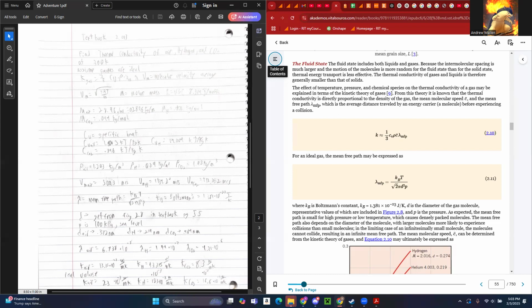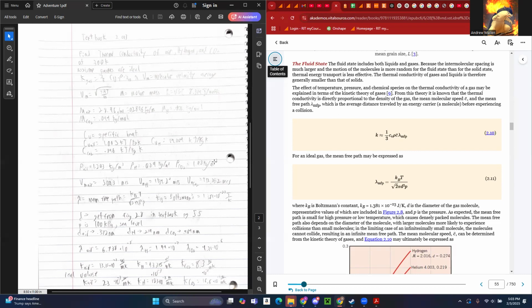Air is 1.005 kilojoules per kilogram Kelvin, which is equal to 1,005 joules per kilogram Kelvin. Got a value of 14.304 kilojoules per kilogram Kelvin for the hydrogen, and carbon dioxide is 0.846 kilojoules per kilogram Kelvin. I also have the densities.